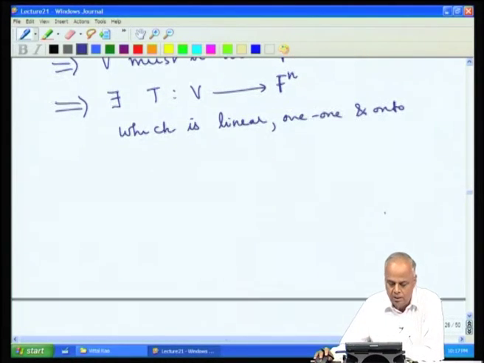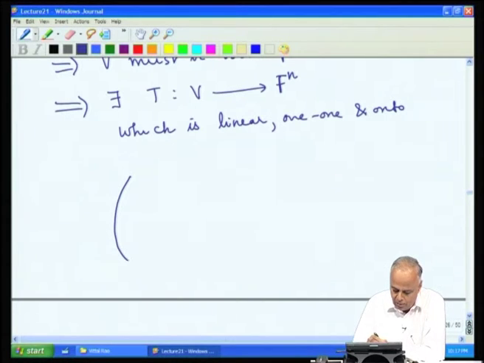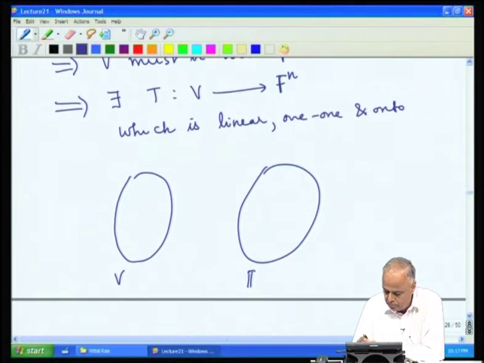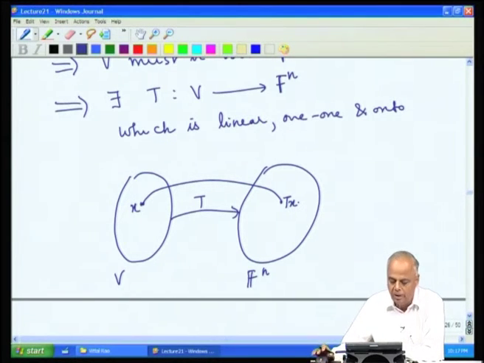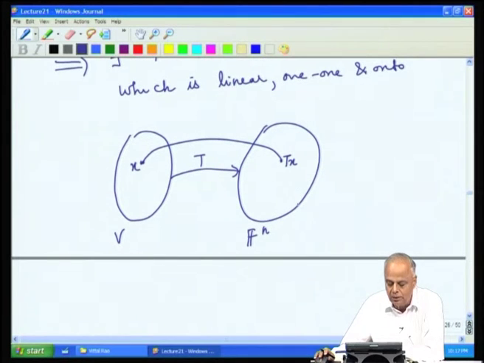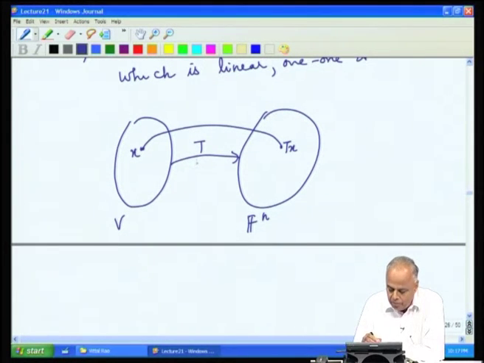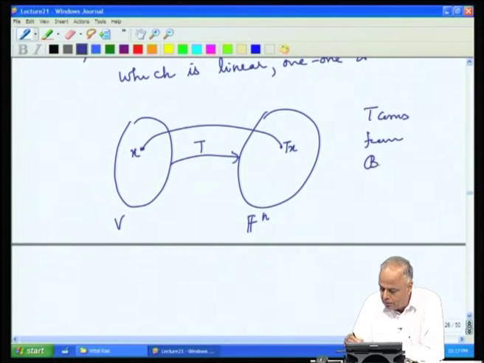What does this mean? This means the following: you have V, you have F^n, and you can get a transformation T which takes any vector x in V to the vector Tx in F^n. This transformation is obtained from two bases, B_V for V and B_Fn for F^n.